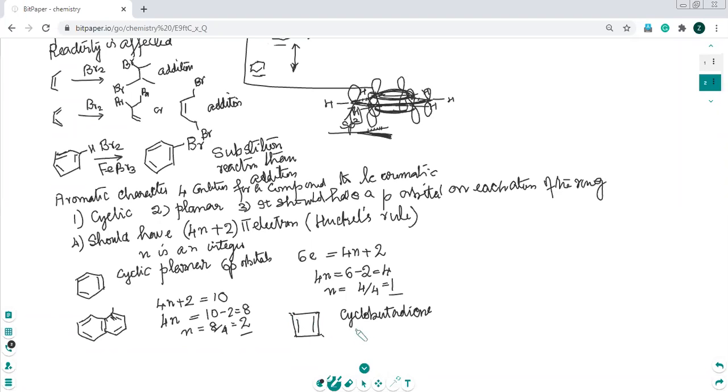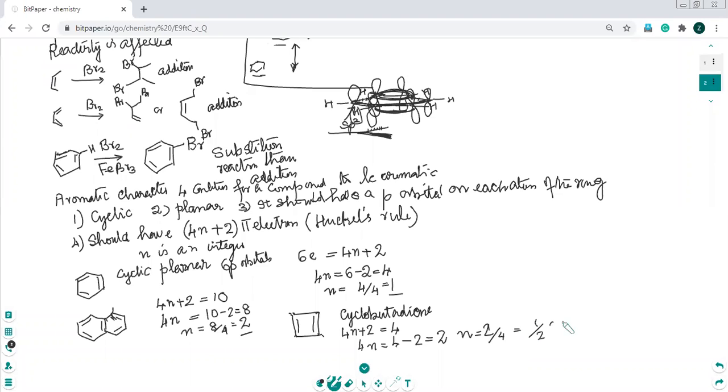But what about the 4n plus 2 rule? How many electrons are there? 2 plus 2 equals 4. There are 4 electrons. So we equate 4n plus 2 equal to 4. 4n equals 4 minus 2 equals 2. n equals 2 upon 4, which equals 1 by 2.